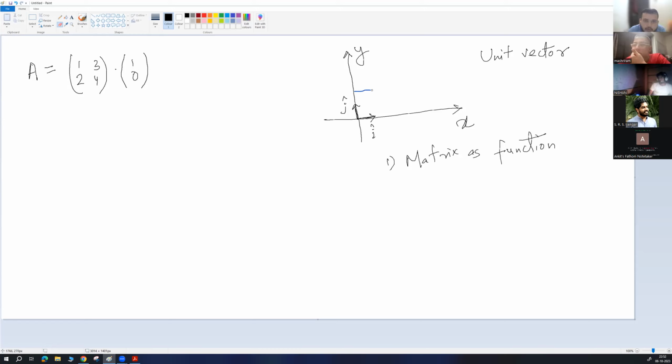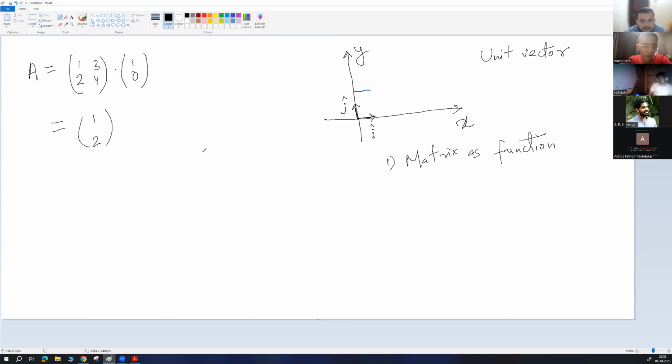Okay. So when we multiply these matrices, what are we going to get? We are going to get 1, 2, right? Correct. So our 1, 2 represents a vector on the x-axis, that is our I cap here.